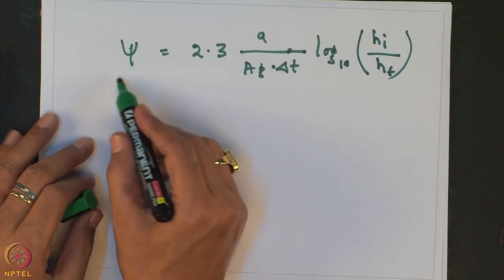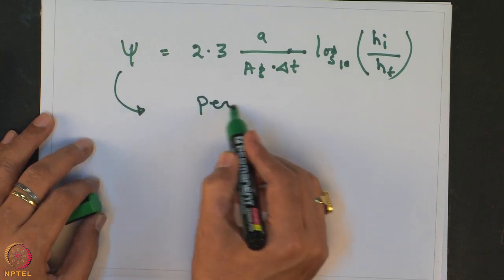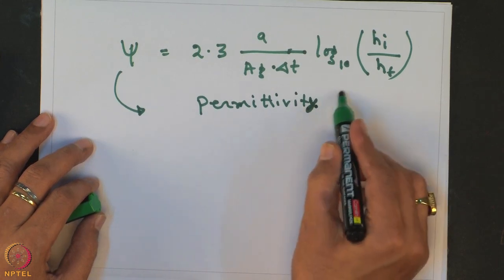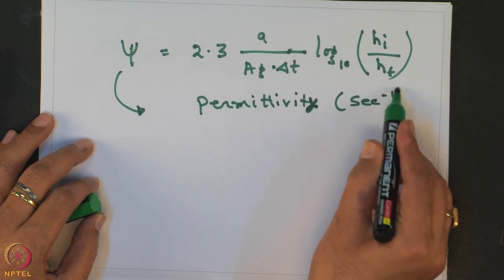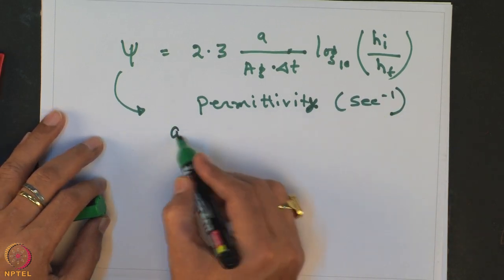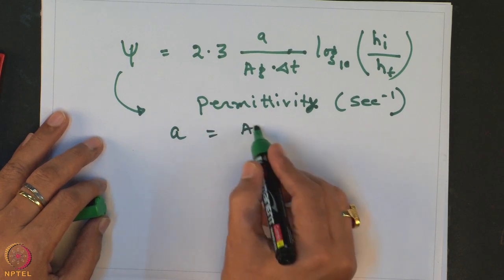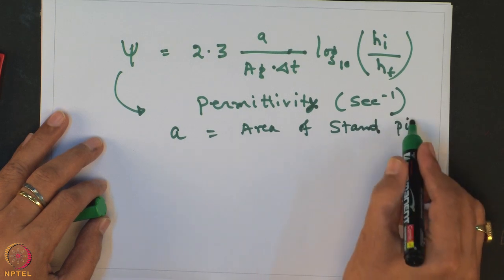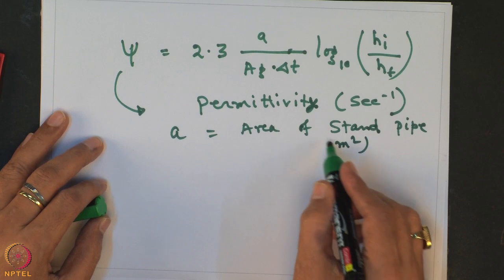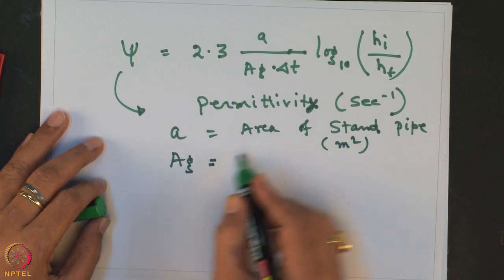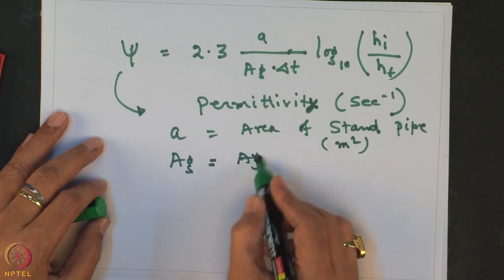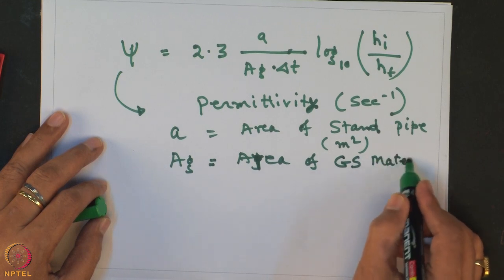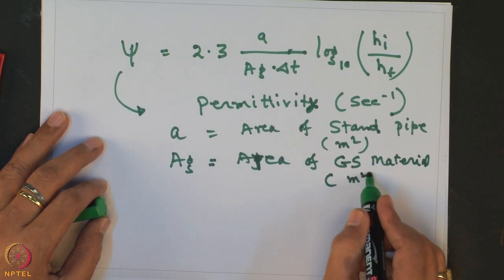So, this psi is what you call the permittivity, and the unit is per second. Small a is the area of the stand pipe, in meter square, and Ag is the area of the geosynthetic material, also in meter square.